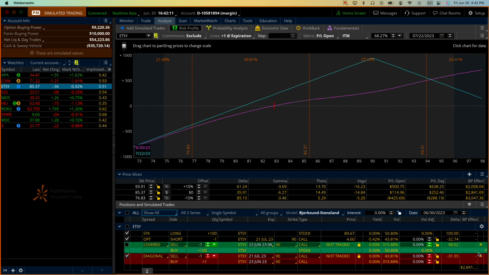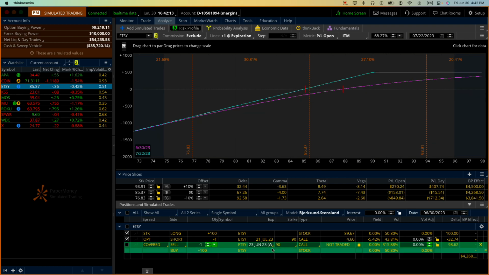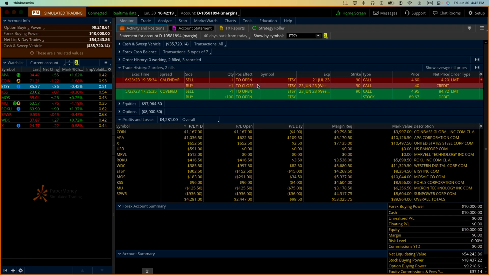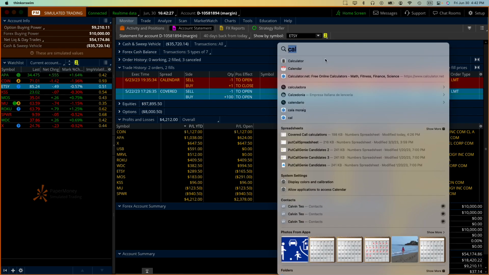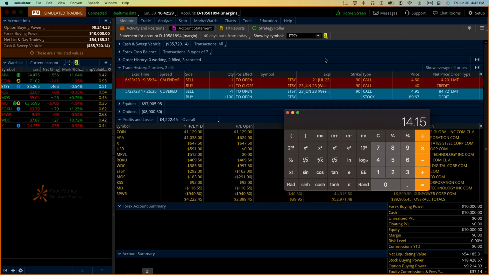Okay, so you adjust the date to July and the stock price, and then come over here and see that the original trade was 84.72, and we subtract the rollover. So the original price was 72.